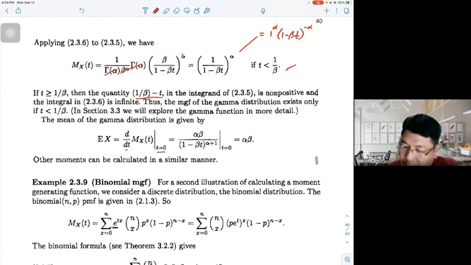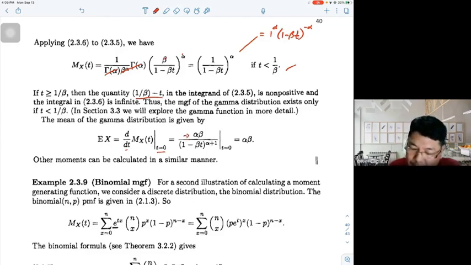So we're going to take the derivative of that with respect to t. So we have there negative alpha, 1 minus beta t, negative alpha minus 1, and then times negative beta. So negative alpha times negative beta. So we have here positive alpha beta.